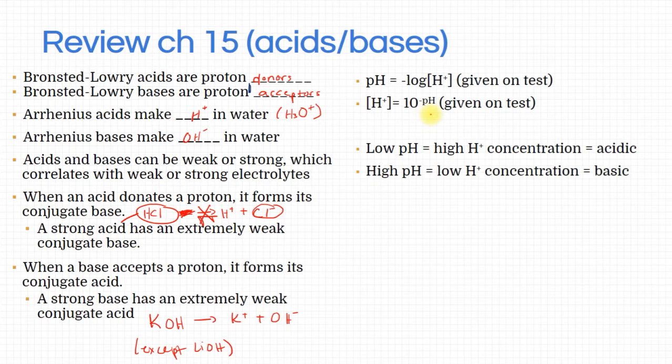And then we've got some equations to describe pH. I give these to you, but you do have to know how to use them. You are going to have these questions on your final exam, and it is really, really important that you know how to do logarithms and exponents correctly on your calculator. It's different for every single calculator, and I can't teach you how to use your calculator correctly during your final.